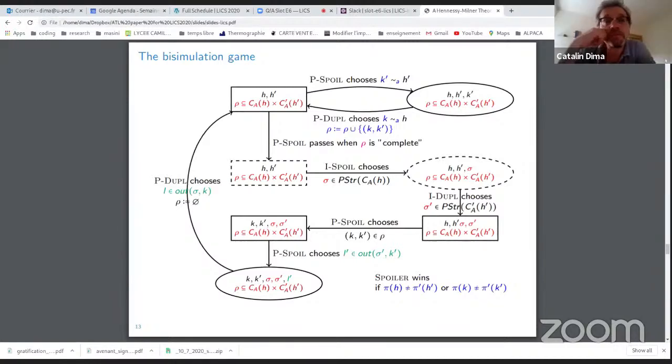Yeah, it's a good question. Thank you. I think one has to delve into results for decidable subclasses of alternating temporal logic with imperfect information.